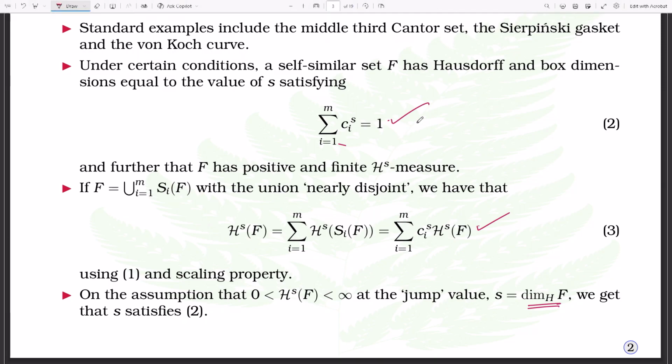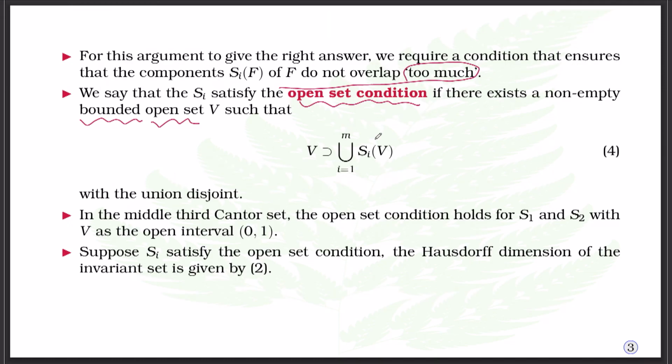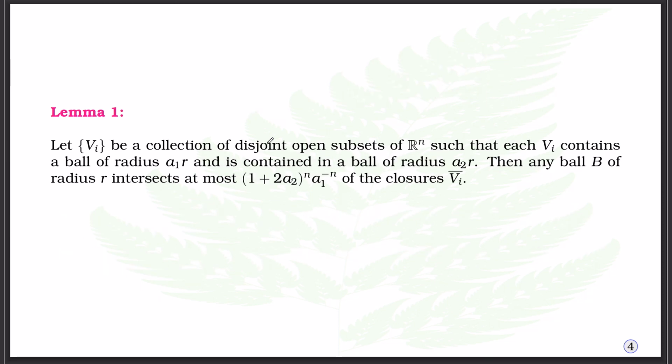From here we can find the Hausdorff dimension. Now we need to prove that the Hausdorff dimension and topological dimension are the same when the mappings satisfy the open set condition, and we are generating the invariant set under these mappings.